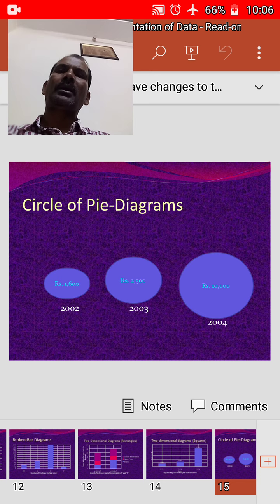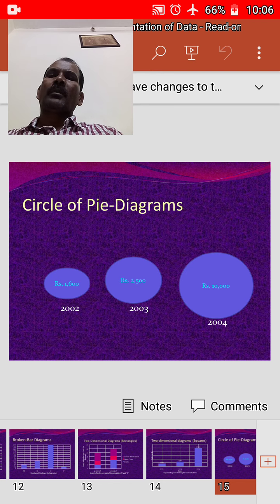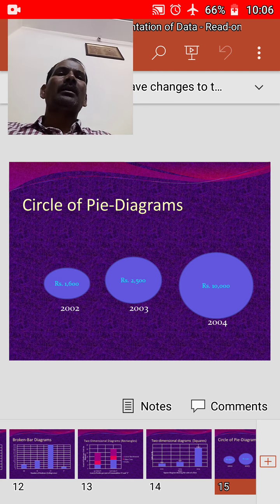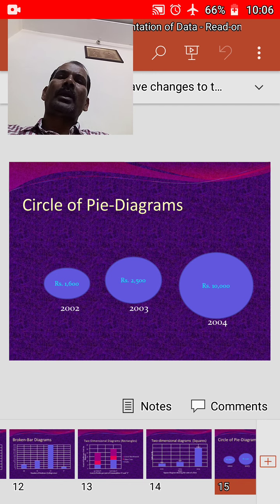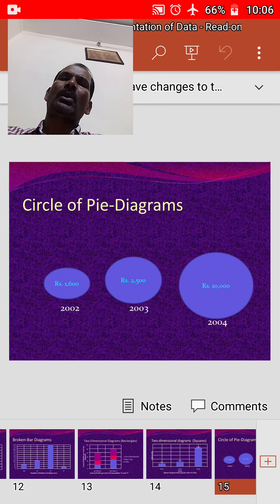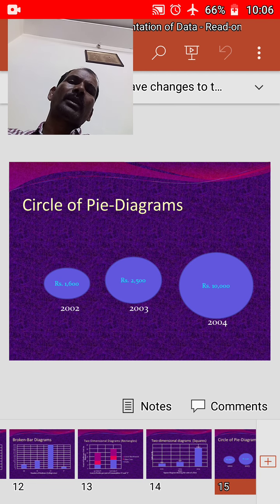Though pie diagrams are useful devices for presenting the data in an impressive manner, they are less effective when compared to bar diagrams. Accurate reading and interpretation are not possible, especially when the variables are divided into a large number of components. They are also not effective when the difference among various components is negligible.